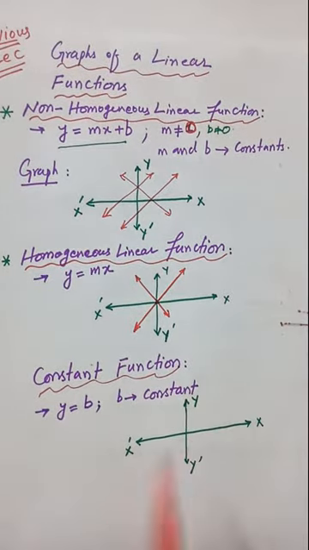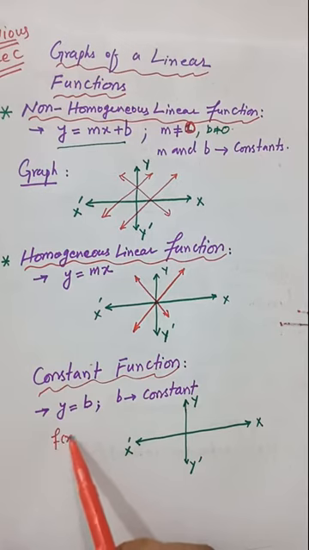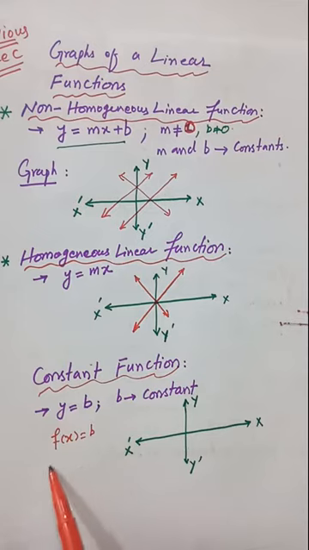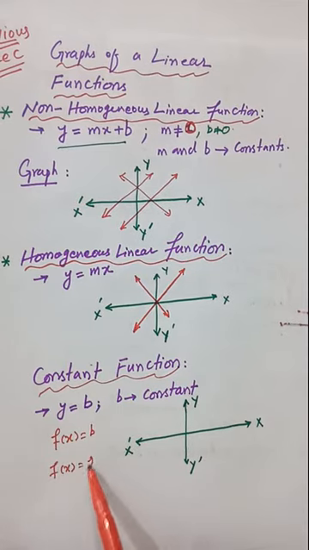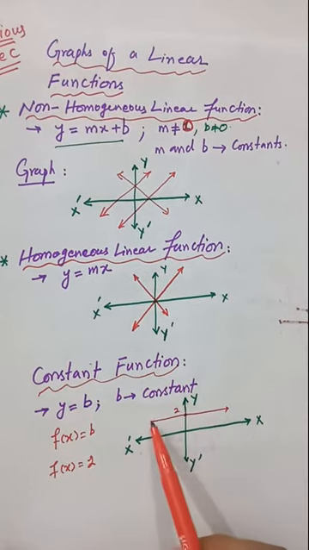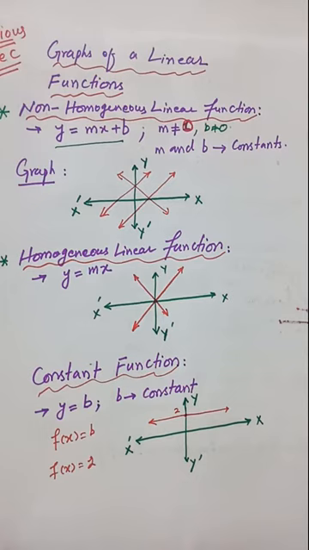What is the graph of a constant function? If f of x is equal to b, whatever value you give to the argument, you will always get b. Let's say b is equal to 2. So the graph of f of x is equal to 2, which is a constant function, will always be a straight line parallel to the x-axis.